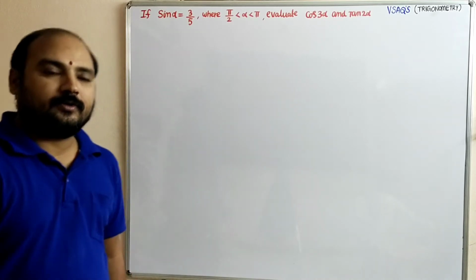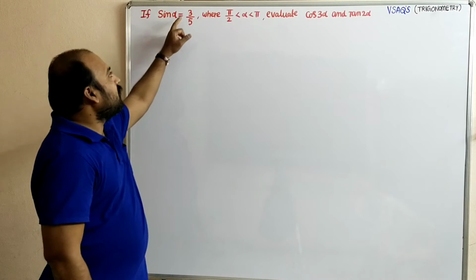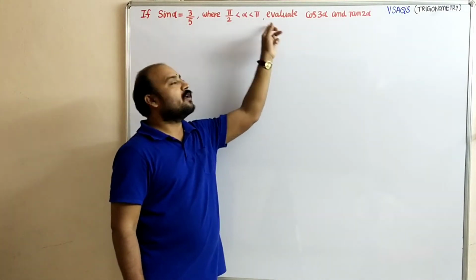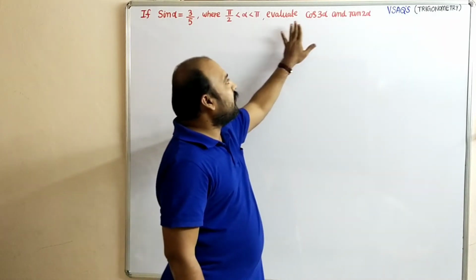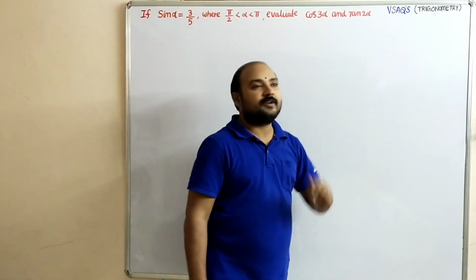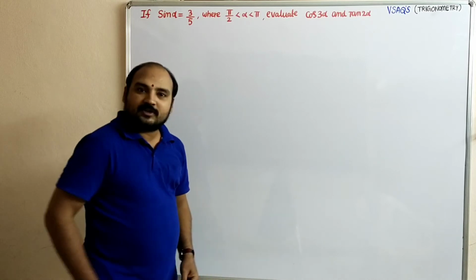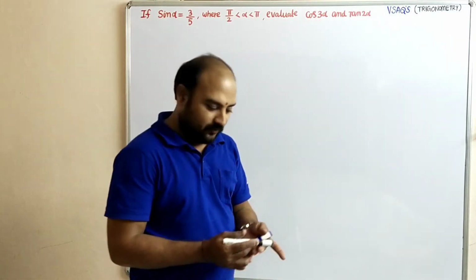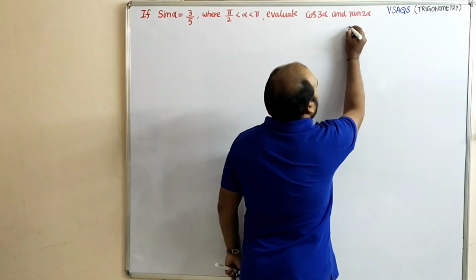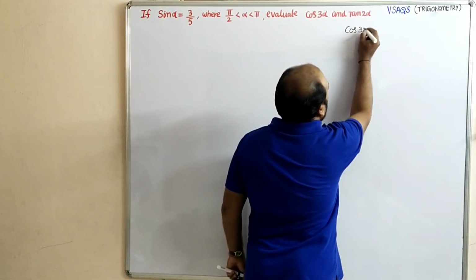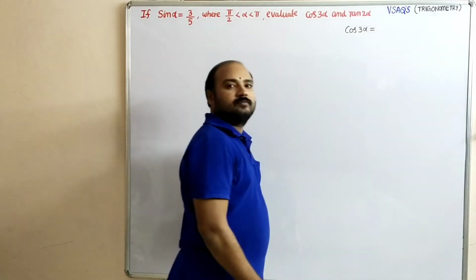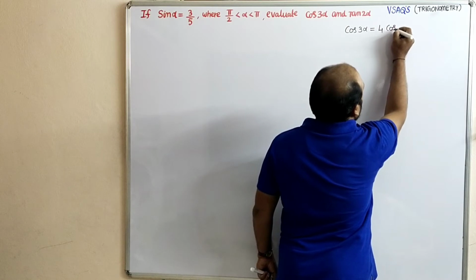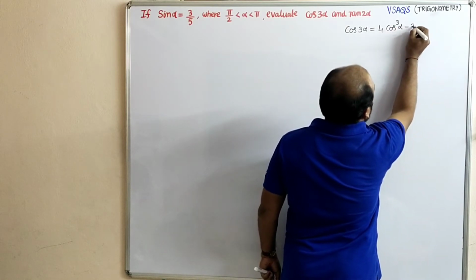The next question. If sin alpha equal to 3 by 5, where pi by 2 is less than alpha is less than pi, evaluate cos 3 alpha and tan 2 alpha. First you have to know the formulas for cos 3 alpha and tan 2 alpha. See here, cos 3 alpha equals four cos cube alpha minus 3 cos alpha.